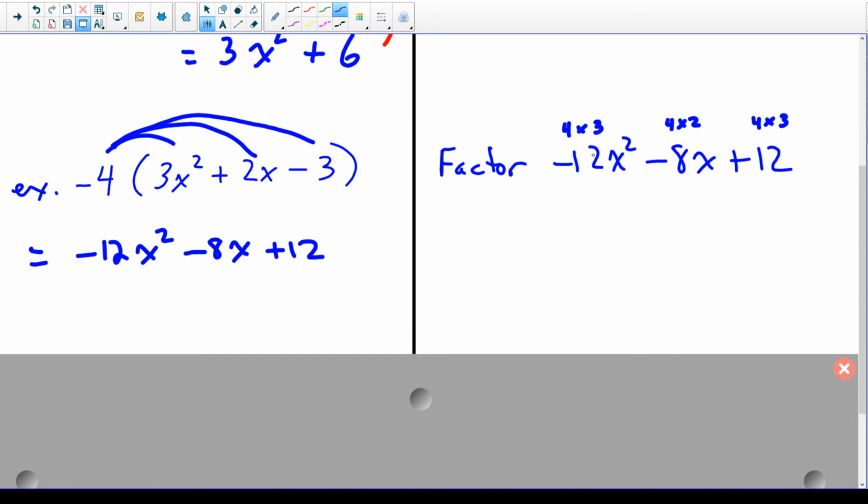Now, we also have a negative 12. That means that I have to take out a negative number. Because the negative 12 is our first coefficient, we always want to take out the negative as well as the number. So that makes things a little bit more complicated. So if I want to take out a negative 4, that means that my 3 is going to be positive.